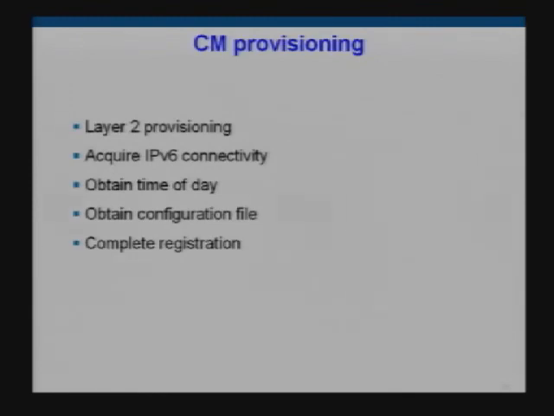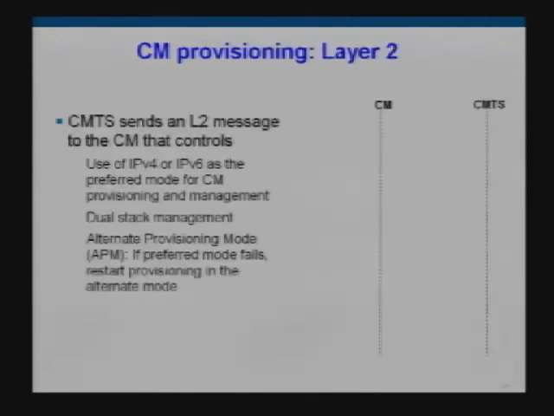So this is the flow. Layer 2 provisioning is where the MDD message will inform the CM about whether it has to use IPv4 or IPv6 or dual mode. Then the next step would be acquiring the IPv6 connectivity. And the rest of the provisioning is similar to the DOCSIS 2.0 style, where you obtain the time of day and obtain the configuration file and eventually complete the registration. So let's take a quick look at the flow here.